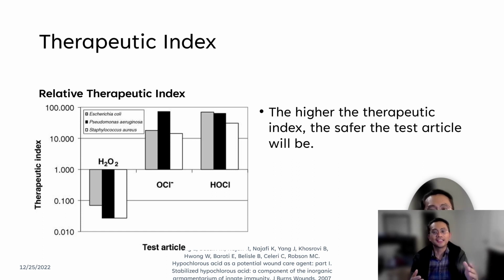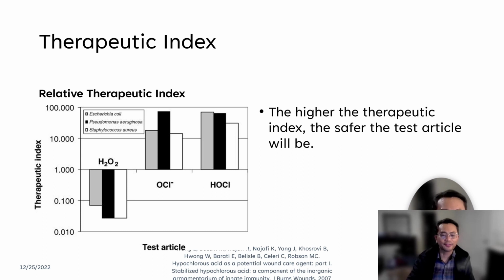The larger the therapeutic index, the safer the solution is. If the therapeutic index is small, like the difference between the two concentrations is very small, the solution must be dosed carefully and the person receiving the solution should be monitored closely for any sign of toxicity.